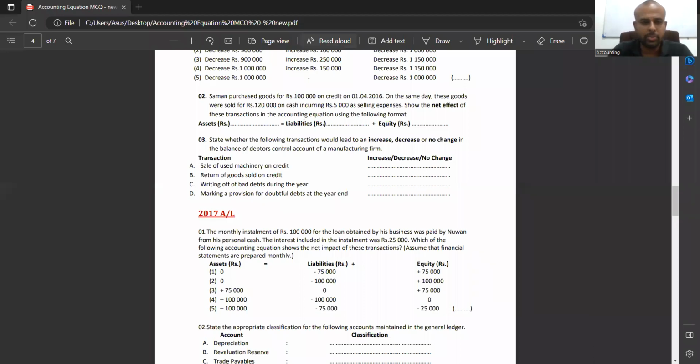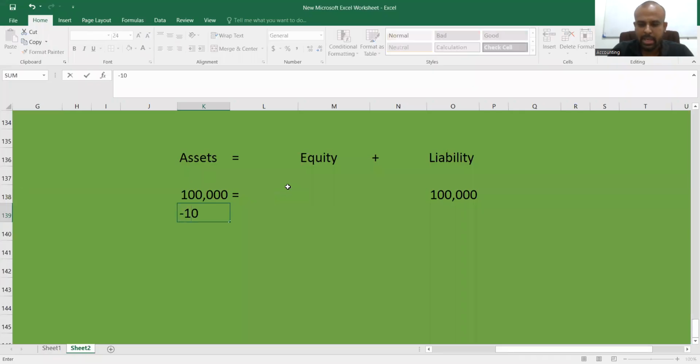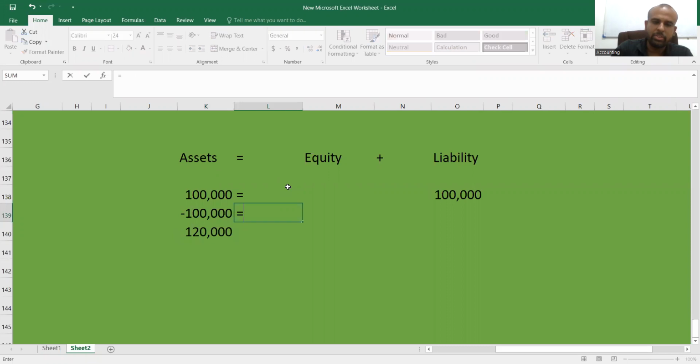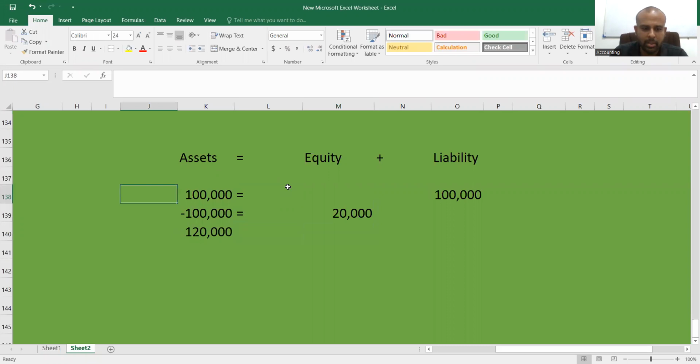When you sell for 120,000, your assets balance decreased by 100,000, which is the cost of the stocks, and your assets balance increased by 120,000. It may be debtor or cash. If it is on cash basis, cash balance increases. If it is on credit basis, debtor balance increases. Due to this transaction, equity balance increased by how much? Rupees 20,000.